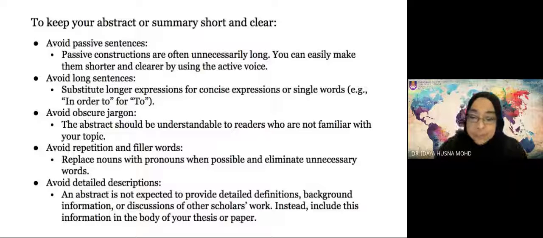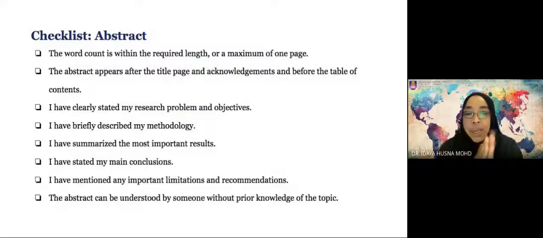Okay. All right. So here's a checklist of what you need when you write an abstract. You can address all this checklist here, I mean, to get you guided. Okay. So the word count is supposed to be the required length. For example, for a PhD thesis, it could be between 300 to 500 words, right?